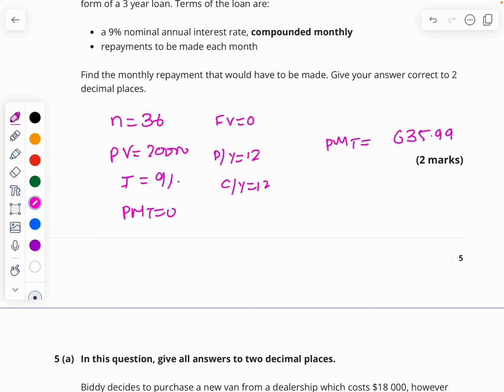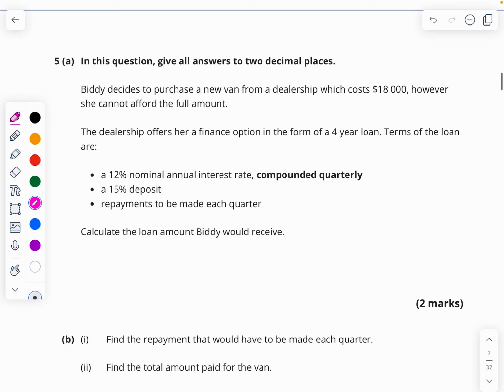Now question number 5. In this question, give all your answers in 2 decimal places. BD decides to purchase a new van from a dealership which costs 18,000. However, she cannot afford the full amount. The dealership offers her a finance option in the form of a 4-year loan.